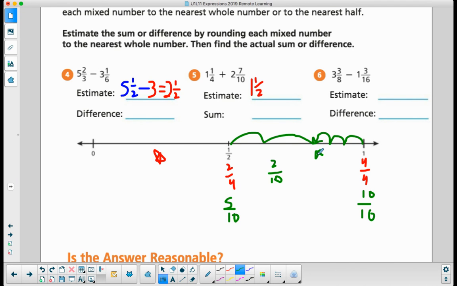Ooh, see, I thought it was closer to 1, but now when I counted, it's actually 1, 2, 3/10 from a whole, so it's closer to a half. So I'm going to keep my 2 and 1/2, and my estimate is 1 plus 2 is 3, a half and a half make 1, makes 4. And if we were doing this exercise, we would be then finding the actual sum and seeing how close it is to 4.